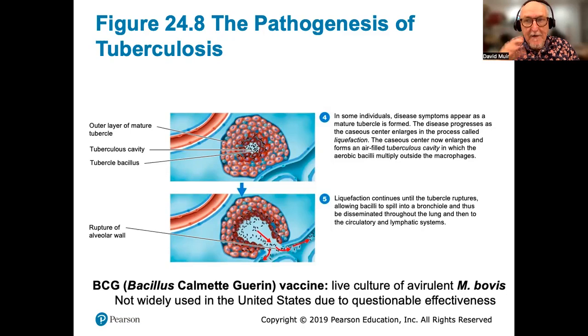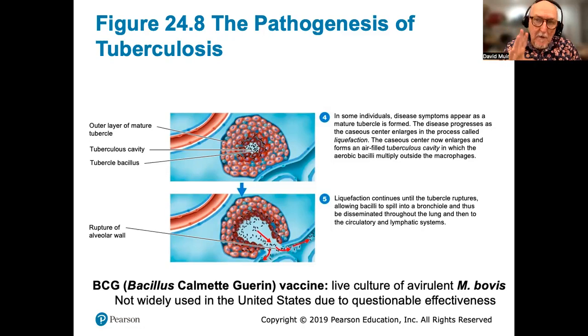There have been various attempts to develop a vaccine, but these really have very little positive impact. There's one called the Bacillus Calmette-Guerin vaccine, or BCG, and that was developed from tuberculosis of cattle, bovine tuberculosis, Mycobacterium bovis.